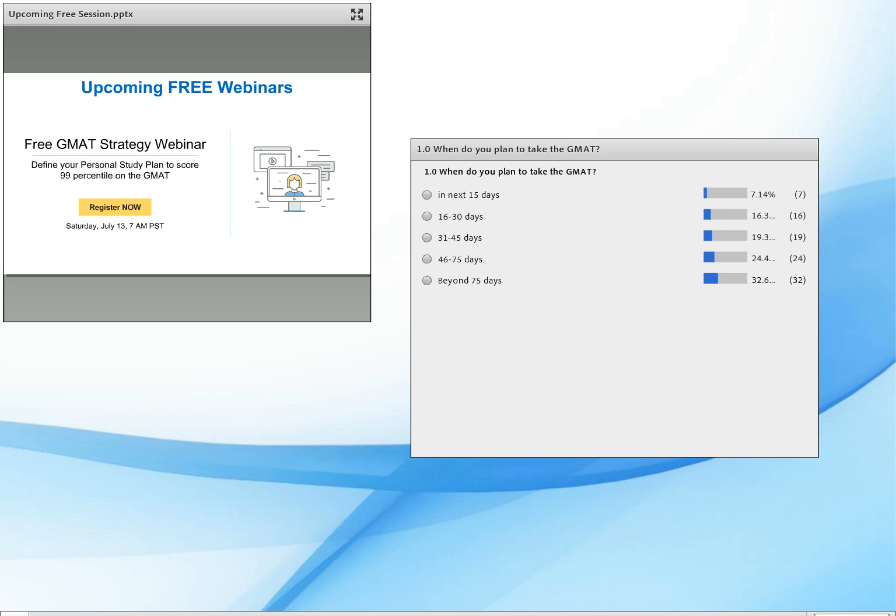All right, I've gotten a couple of trickling ones here. The largest segment here is actually, if I take a look at people who have their GMAT test beyond 45 days, about 50%, so about 57%. All right, and then there are a couple of those who are taking the test within the next 15 days.